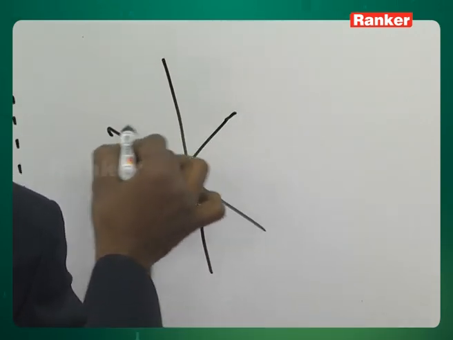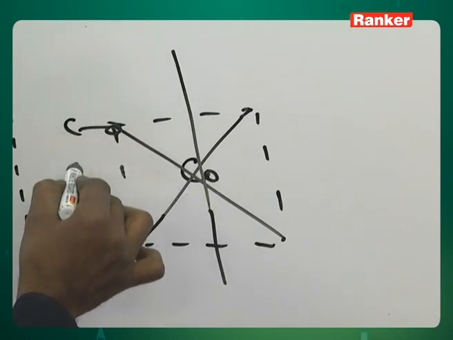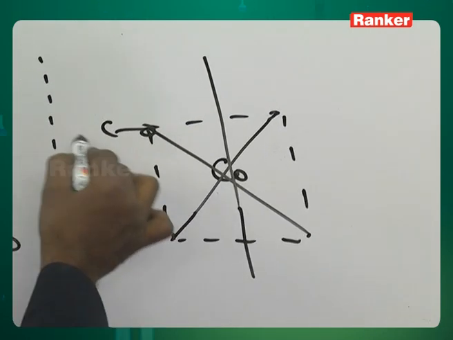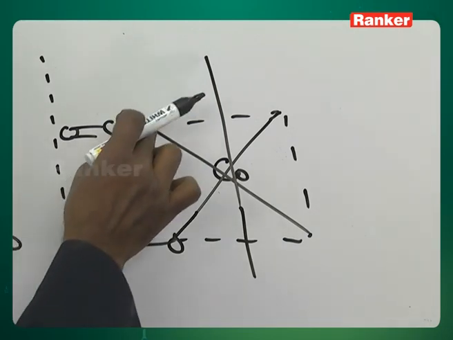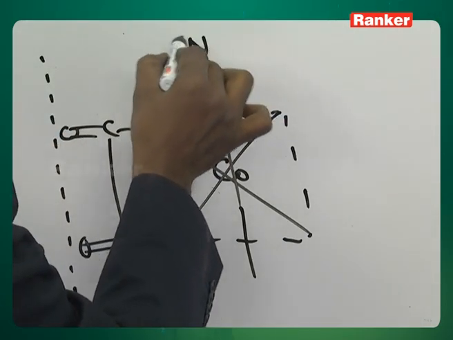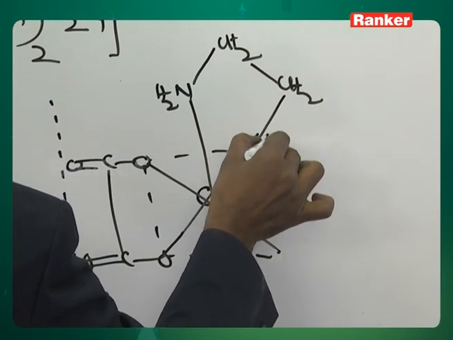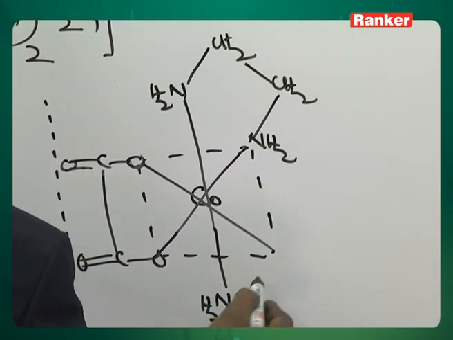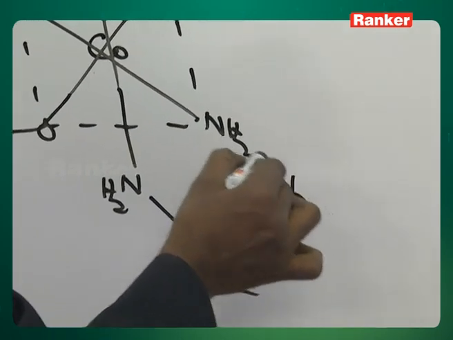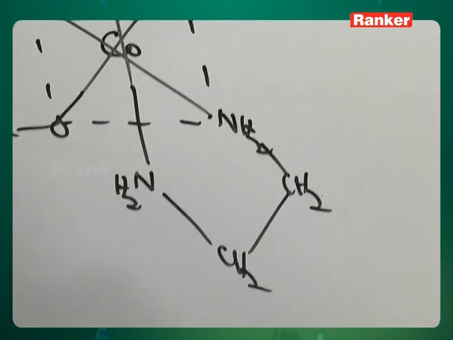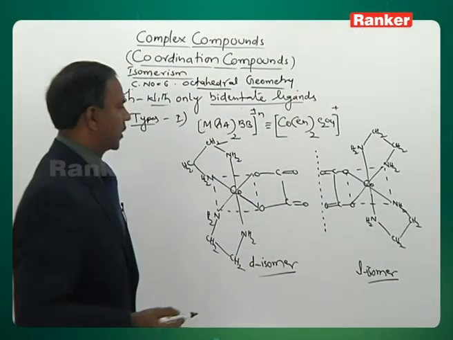One is D, the other is L isomer. One is D isomer, L isomer.